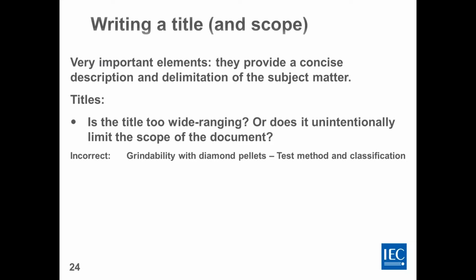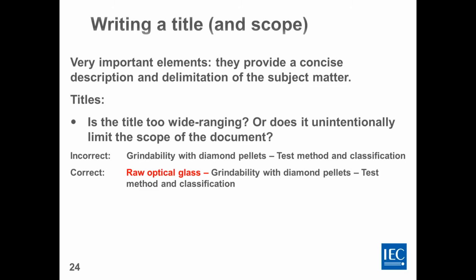So those are some of the basics that we have to think about when writing the title of a document. Another aspect to be taken into consideration when we write our title and scope is that within the ISO and IEC worlds, very often we break down our subject matter into parts and subparts within a series.